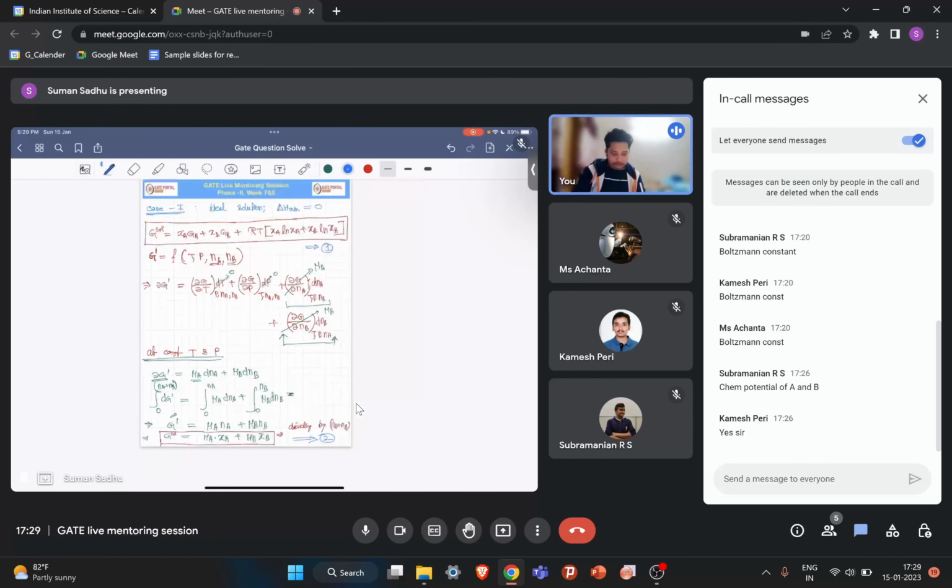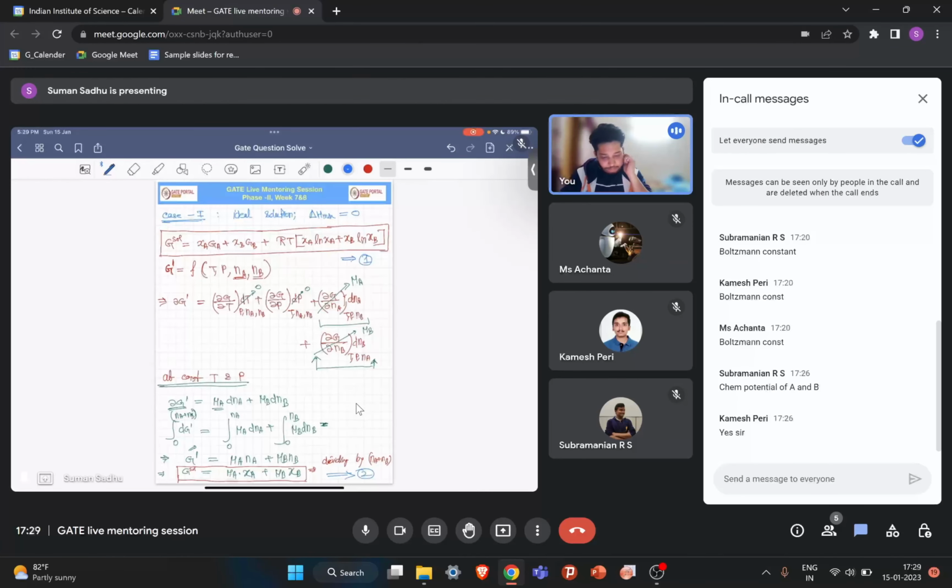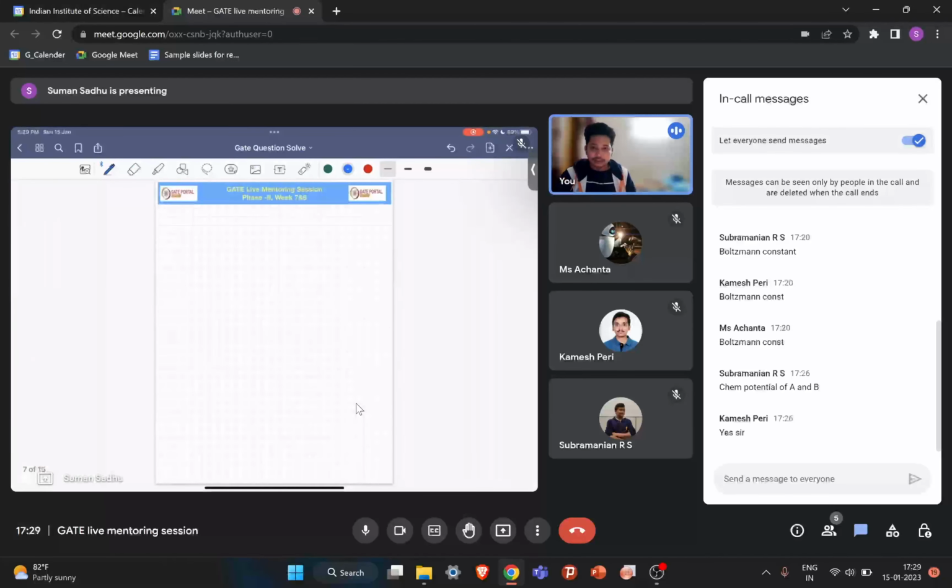From equation 1 and equation 2, if we compare, what will we get? So I am writing equation 1 and equation 2 on the next page. Equation 1 was G of solution is equal to xa Ga plus xb Gb plus RT xa ln xa plus xb ln xb.